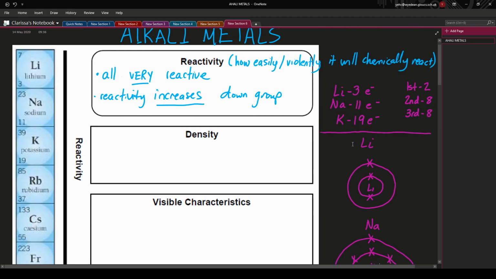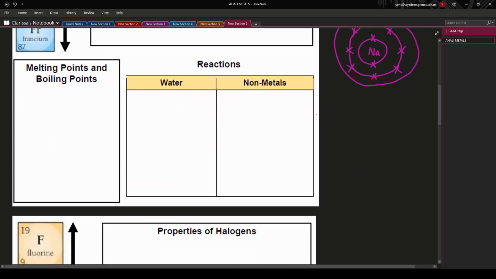And then potassium 19. Two electrons down, then 8. So I have 10 electrons down right now, but it needs 19.